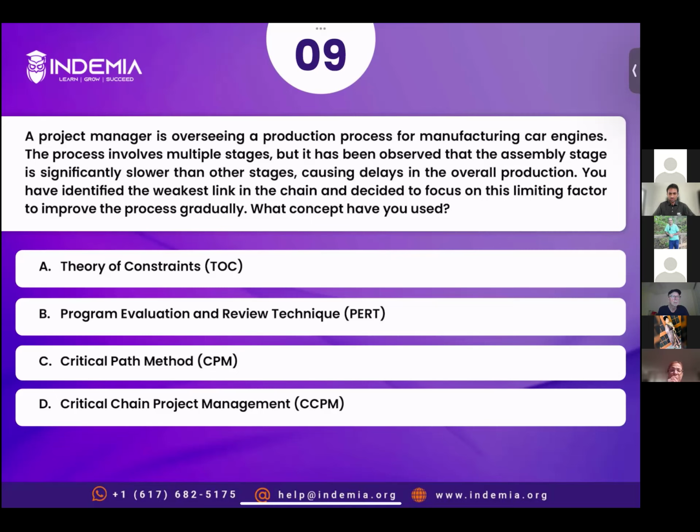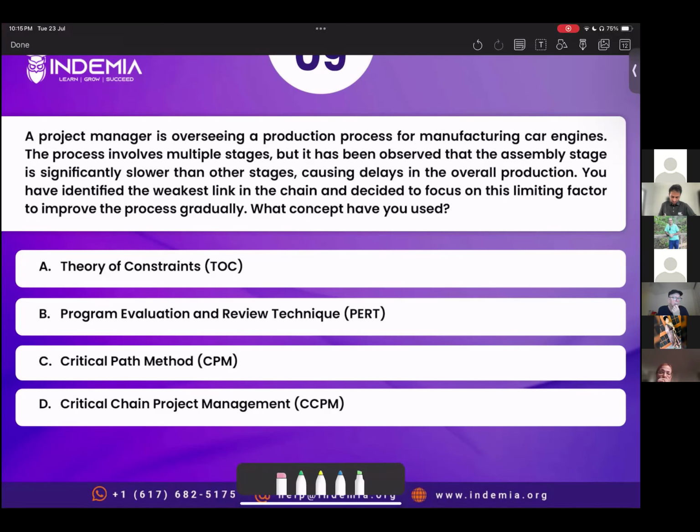We don't have any idea about that, because all are critical. So how would you choose which one is the weakest link? So CPM would not give you any idea about the most limiting factor, because it gives you multiple limiting factors. You understand, everybody? So in a process, if we have 20 critical activities, now which one is the weakest link? All 20, or what? So CPM can't be the right answer.